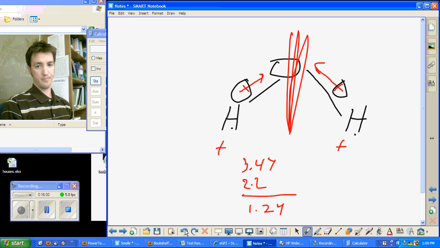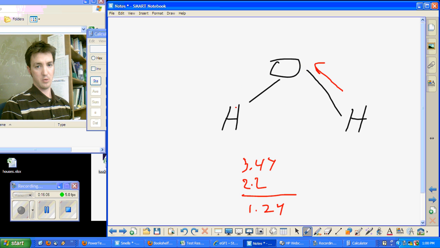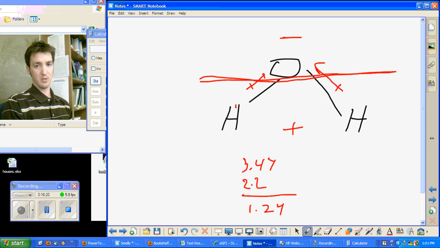But if I split this molecule top to bottom, if I lay a ruler on it like that and look at it sideways, this end is positive. This end is negative, partially.